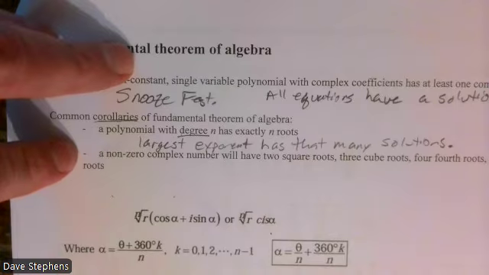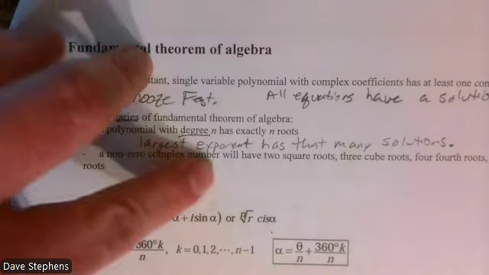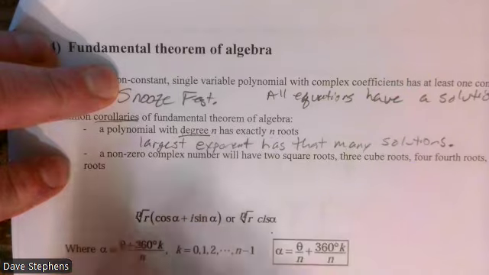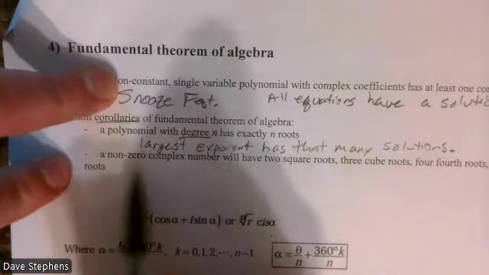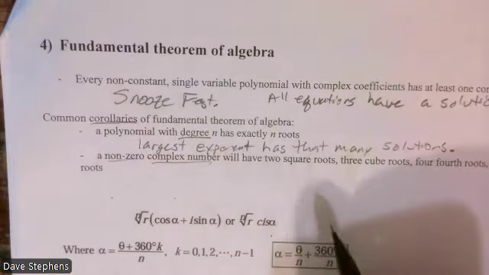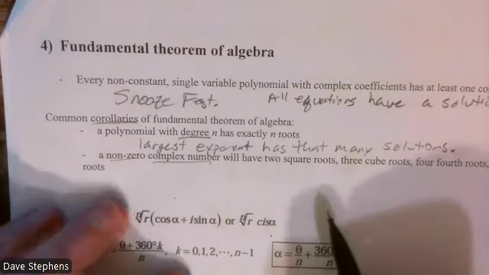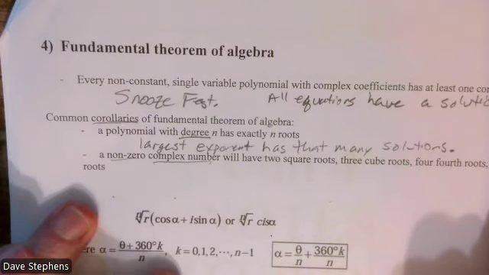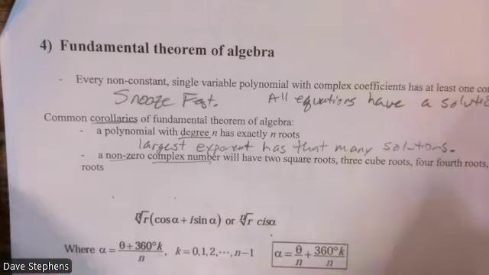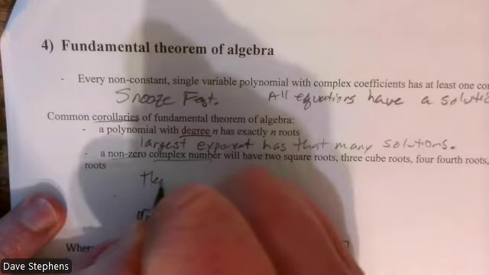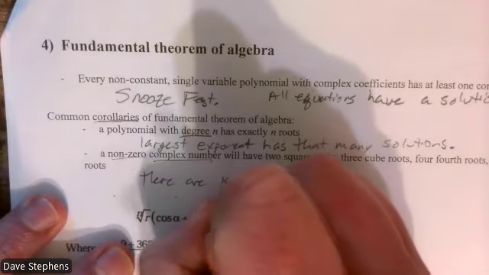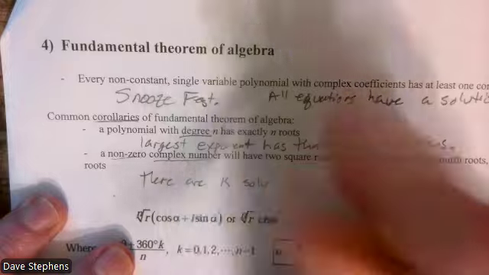So it also states a non-zero complex number will have two square roots, three cube roots, four fourth roots, and k kth roots. Non-zero just means it's not zero. Zero is just zero. But all complex numbers have k number of kth roots, which just means there are that many solutions.